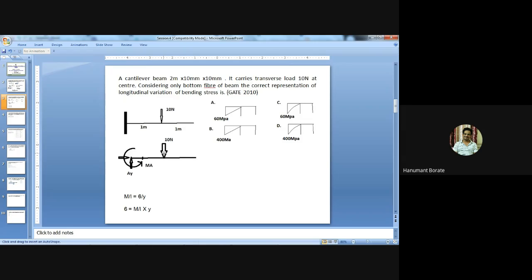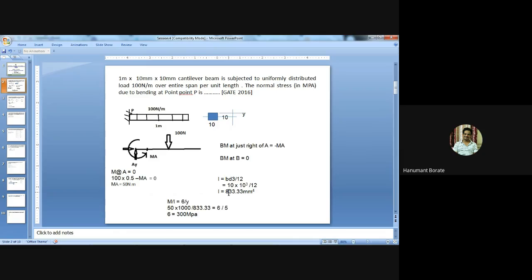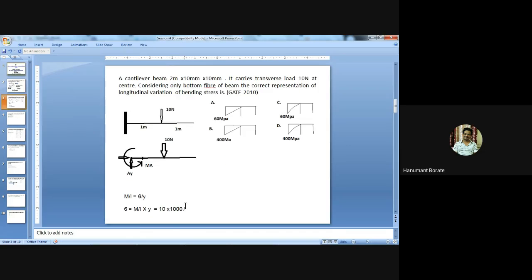Value of MA equal to 10 into 1, so the value of MA is 10 Newton meter, which I will take as 10 into 1000 in Newton millimeter. Then the value of I: again it is a square cross section, similar to the earlier problem, so the moment of inertia is 833.33 mm to the power 4.